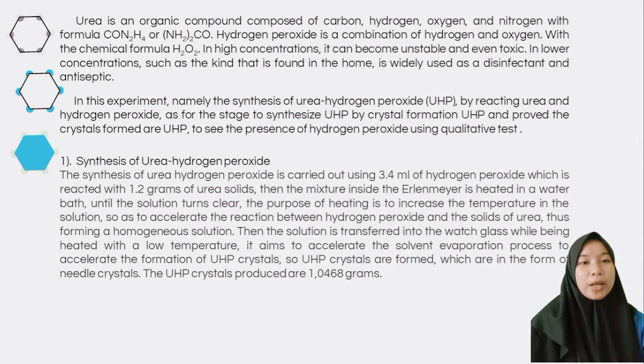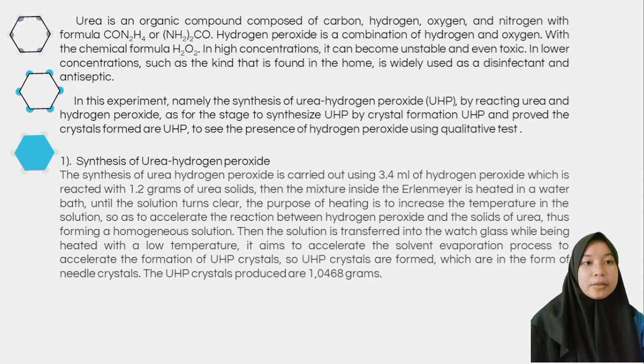And next, urea is an organic compound composed of carbon, hydrogen, oxygen, and nitrogen. Hydrogen peroxide is a combination of hydrogen and oxygen, with a concentration such as the kind found in the home. It's widely used as a disinfectant and antiseptic.